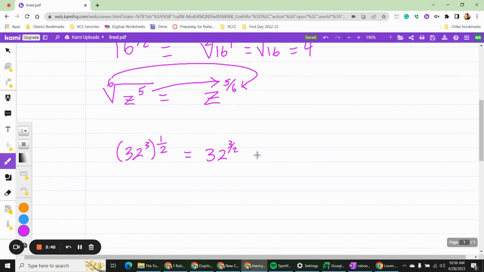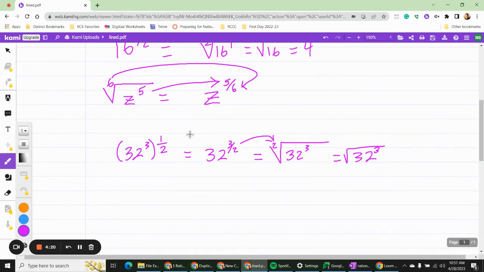I can take this and rewrite it as a radical. So when I rewrite it as a radical, the 2 goes right here, and 32 to the 3rd power goes right there. This is the square root of 32 cubed, or the square root of 32 to the 3rd power. Either way, we can write it that way. And we can use our calculator to find out what is 32 to the 3rd power. But again, we're just focusing on this rule for now. And those are our basic ideas.